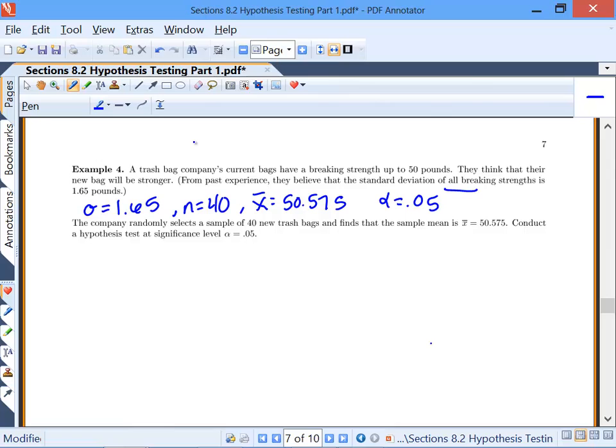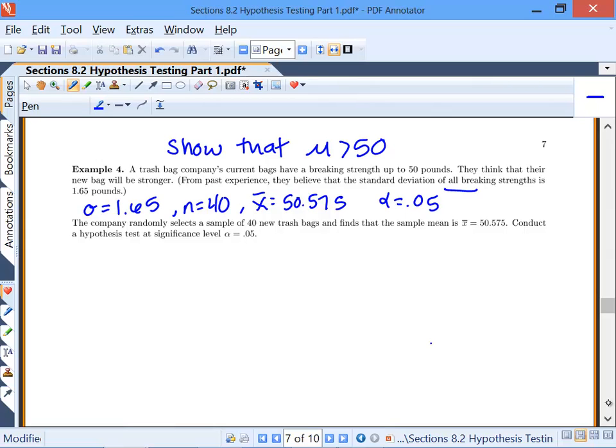They want to show that it is greater than. So they want to show that my population mean is greater than 50. Now, it doesn't necessarily say in there anywhere that they want to look at the population mean, but they want to know if their bags are stronger, okay, and so that would be a good way to look at it, is look at the average strengths.